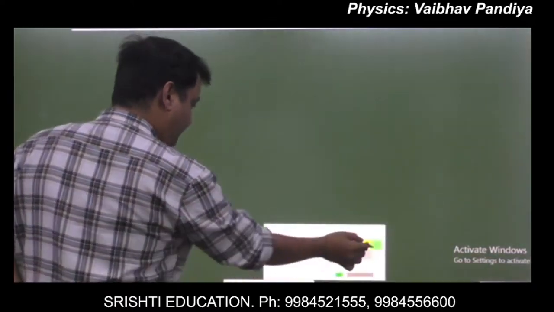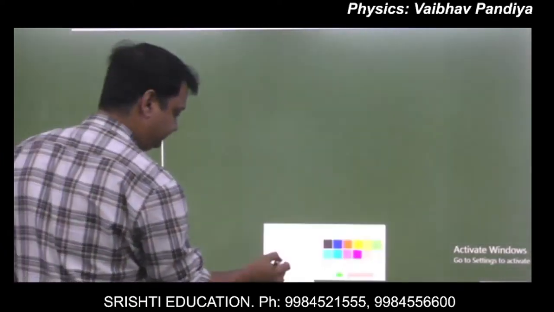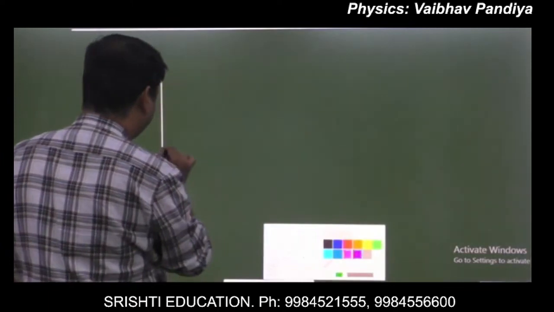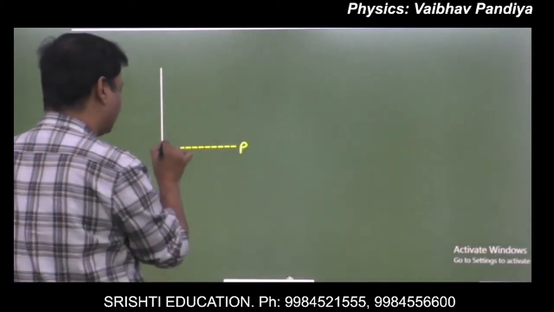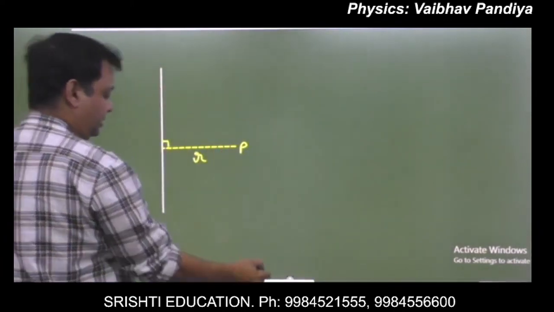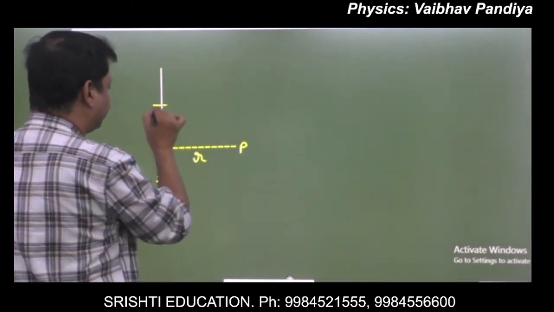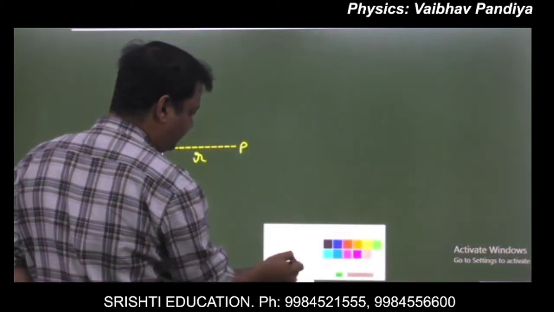So suppose we have some line of charge of finite length, and there is a point P on the perpendicular bisector, at a perpendicular distance r. And since it is the bisector, the length above the perpendicular line and below the perpendicular line will be equal.